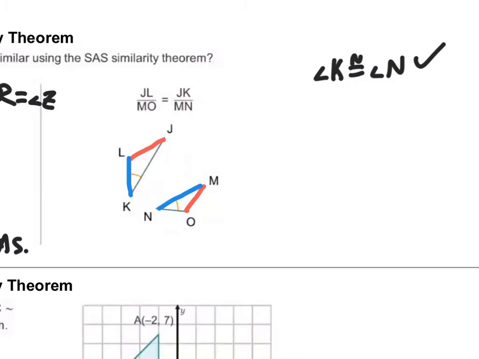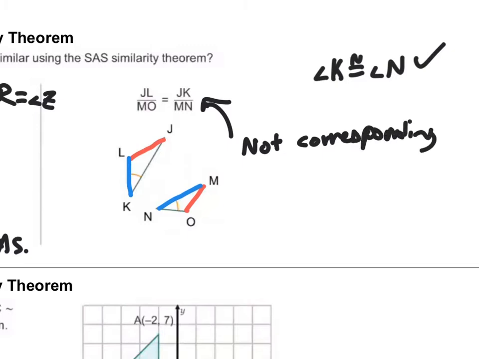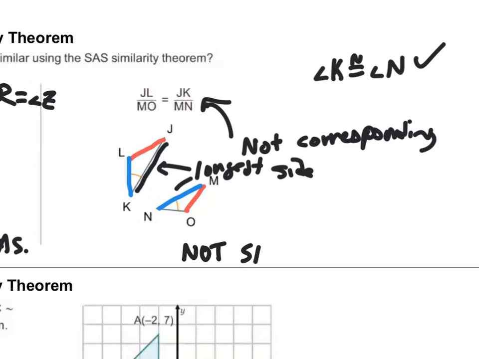And what I notice here is that these aren't corresponding sides. This is not true. The reason why I know that is because MN is the longest side. It should correspond with JK, that's the longest side. But what we're saying is that LK and MN correspond. So this is not corresponding, so these are not similar.